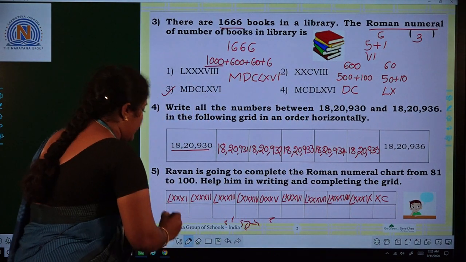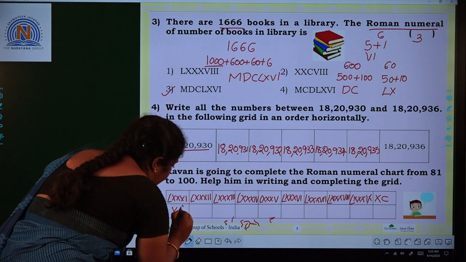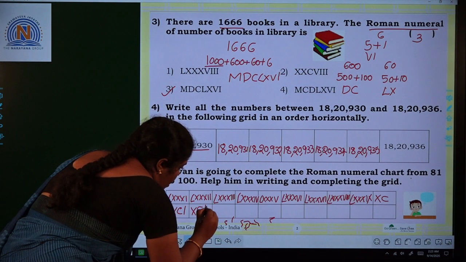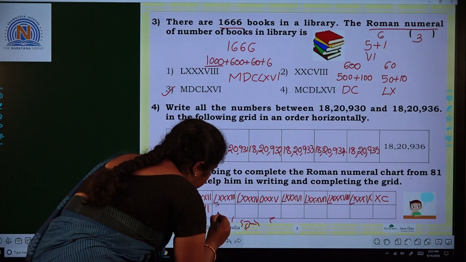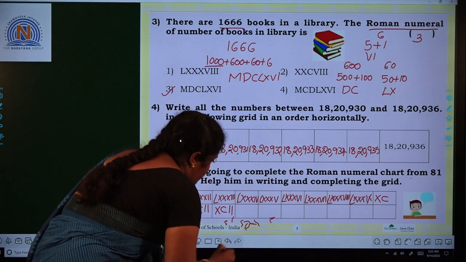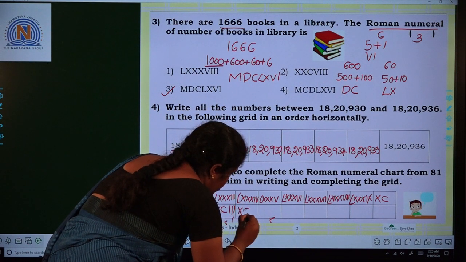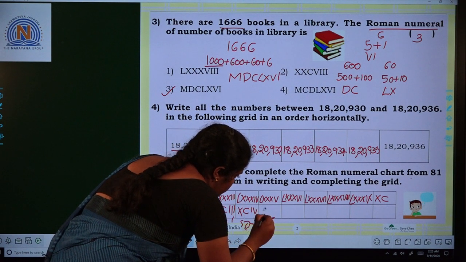Next we will write the 91. XC 90 and XCI 91 and XCII 92, 93, 94.